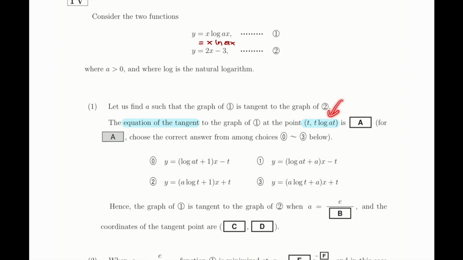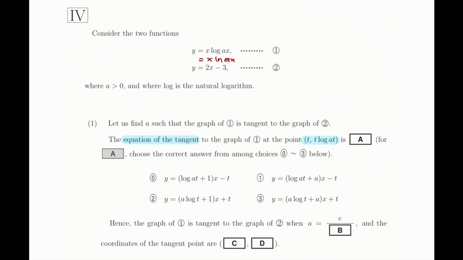Since we already know the coordinates, I just need to find the gradient. If you remember, to find the gradient of a tangent of a graph, we can use the first derivative. So I will find the first derivative of the graph.